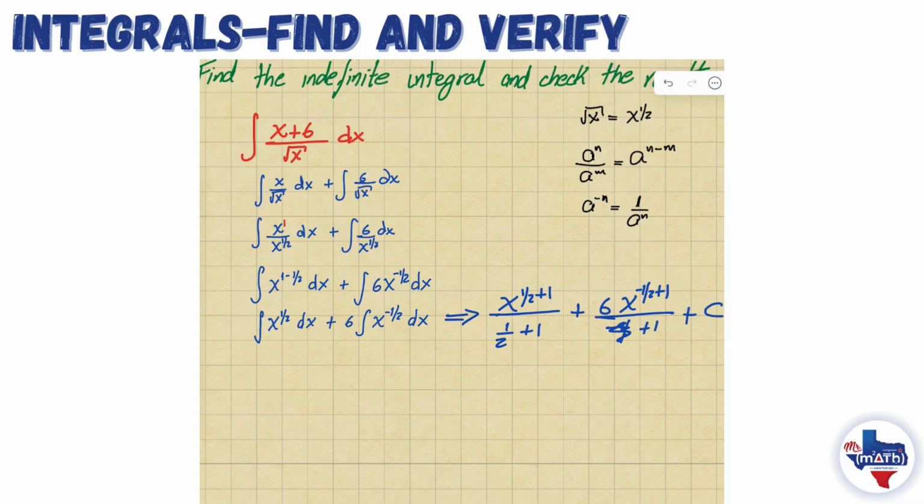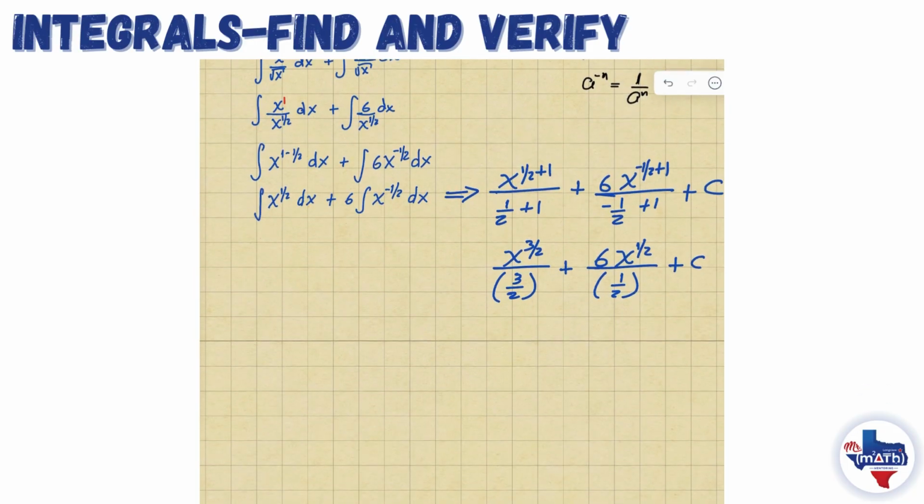Let's standardize our 1/2 there. Okay, 1/2 plus 1 will be 3/2, and this is divided by 3/2, plus we have 6 x to the 1/2 divided by 1/2, plus our constant c.